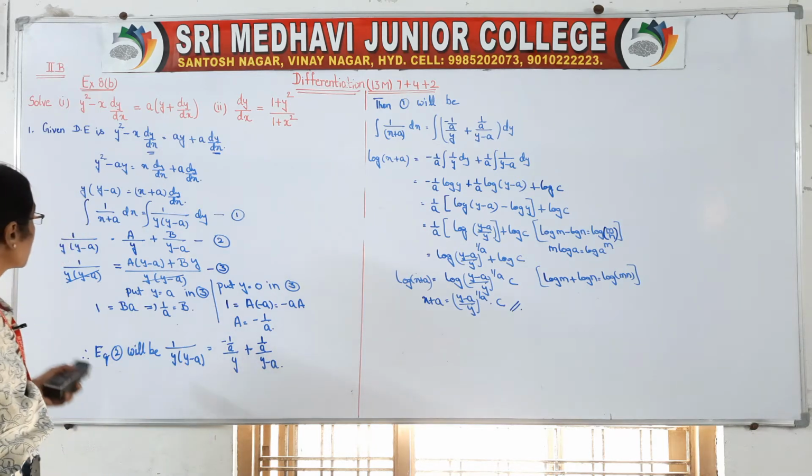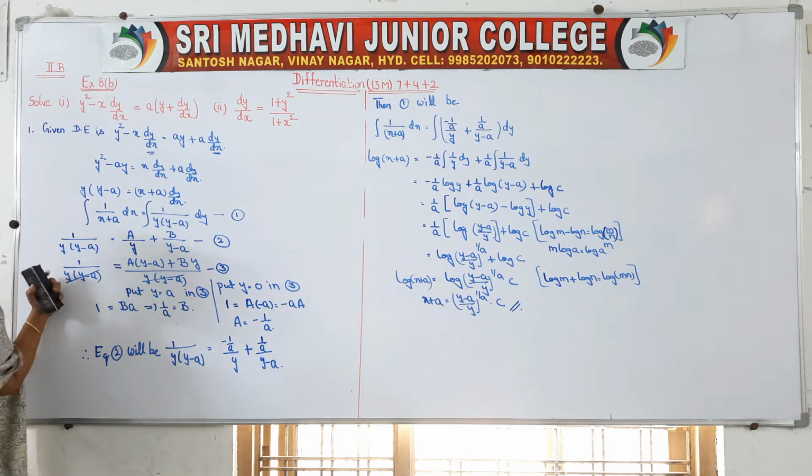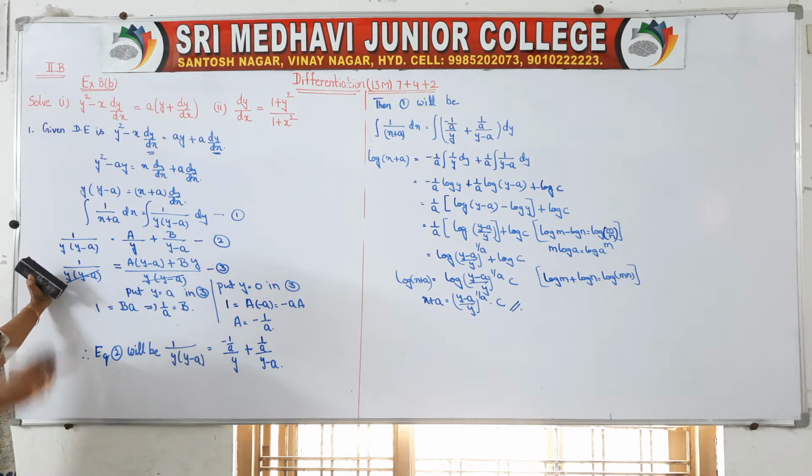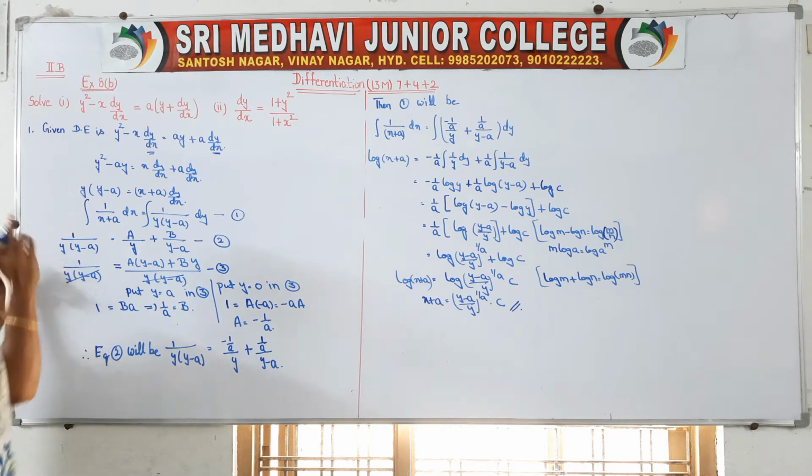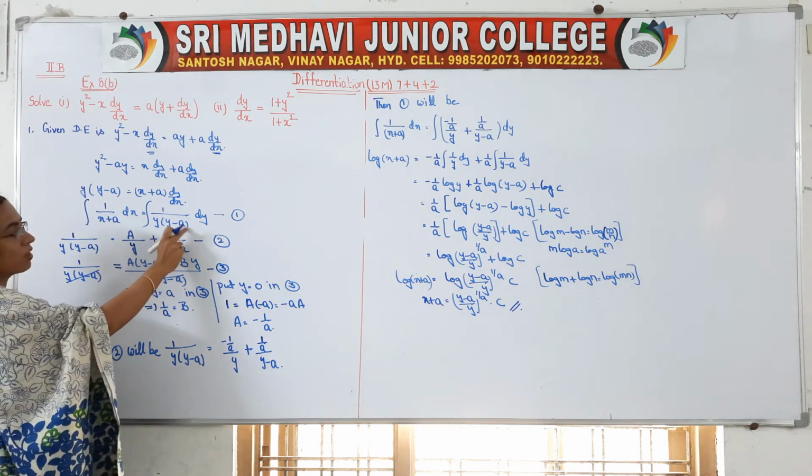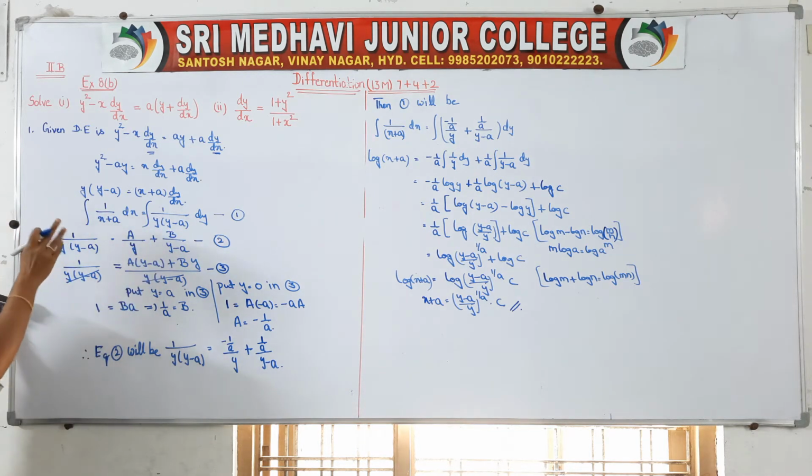Even partial fractions, a topic in 2A, is used here. In 2A there is a 4 marks topic, partial fractions: how we divide the given value into partial fractions. Here 1 by y into (y minus a) is divided using partial fractions.